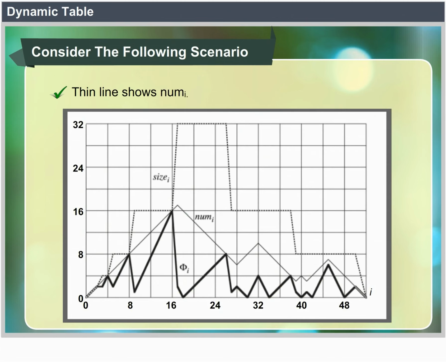The thin line shows num_i, the dashed line shows size_i, and the thick line shows phi_i.